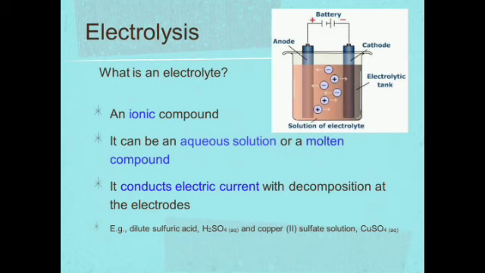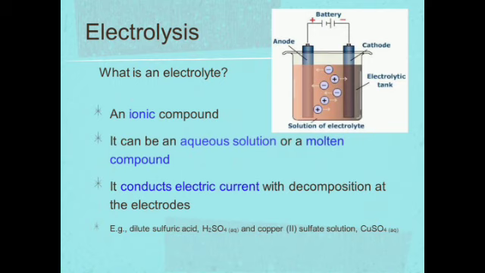Remember, the anode is made of graphite, which is carbon, and the cathode is made of mercury. Since brine is less dense than mercury, it floats on top of the mercury layer.